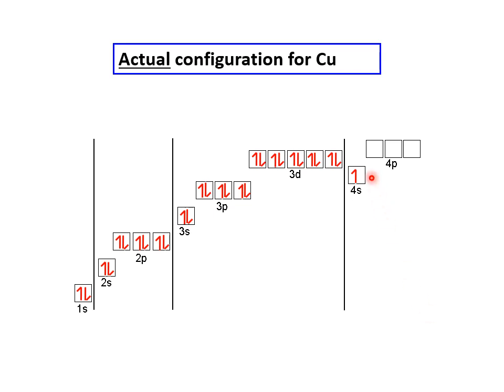So one of those 4s electrons actually jumps up to the 3d. And the reason for this is that a completely filled d orbital overall brings down the energy of the copper atom, even though a little bit of energy had to be invested to move that electron from the 4s to the 3d. It makes up for it and more.